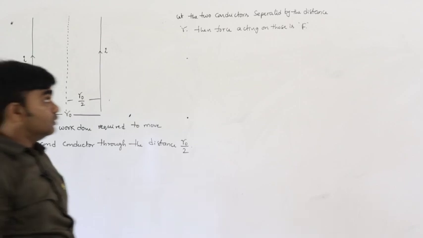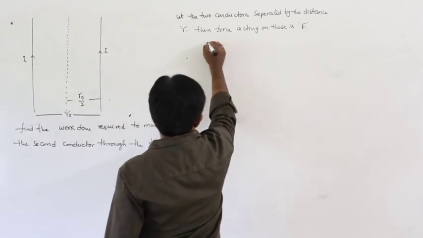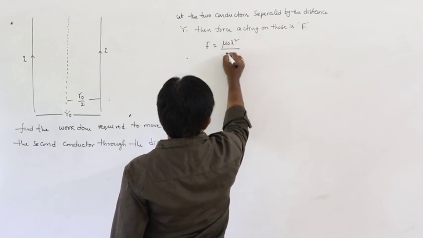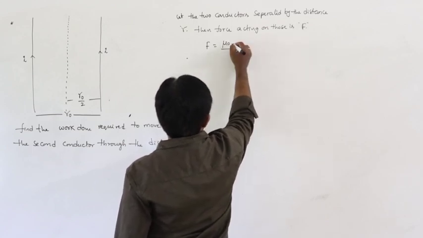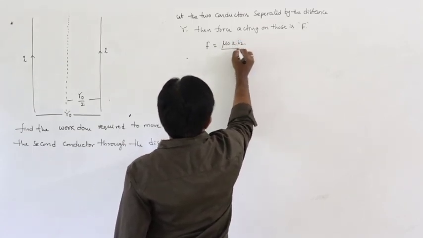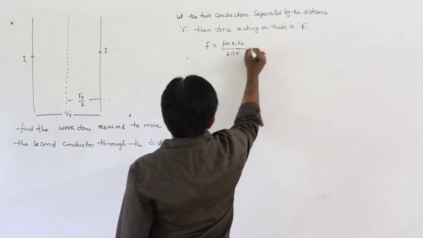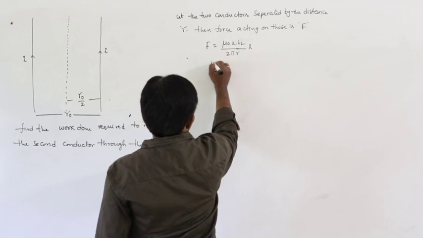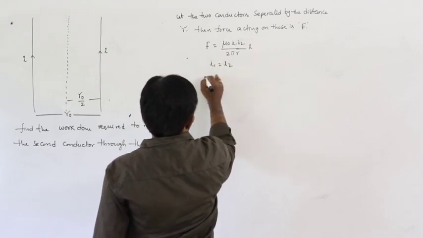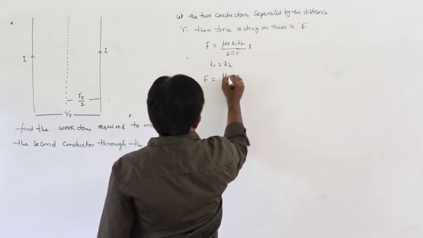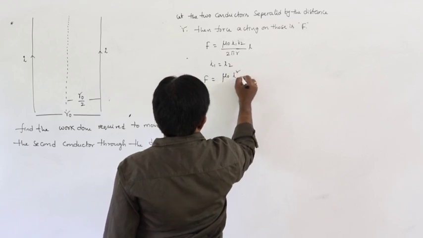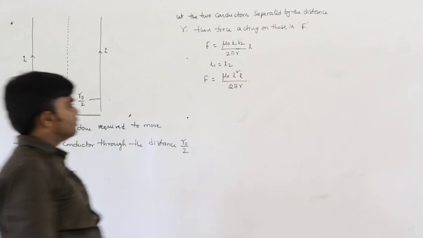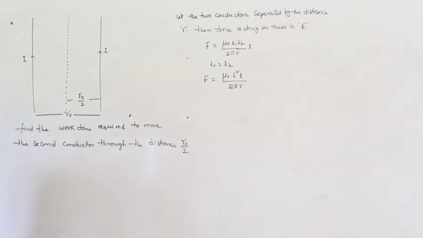F is equal to mu naught I1 I2 L by 2 pi r. Here I1 is equal to I2. Therefore F is equal to mu naught I square L by 2 pi r.